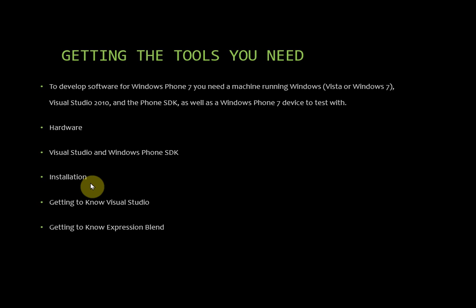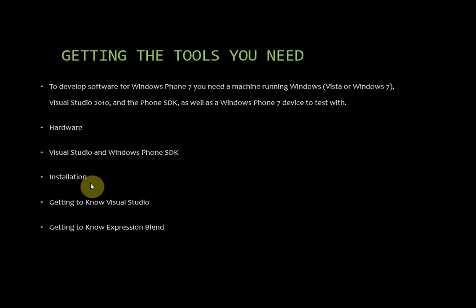So the Windows Phone SDK installer includes Visual Studio 2010 Express for Windows Phone. It also includes the emulator where you can check how your code is going to appear on the device. Then it also includes the Phone SDK assemblies, and Silverlight is there. Then extensions are there for Game Studio.